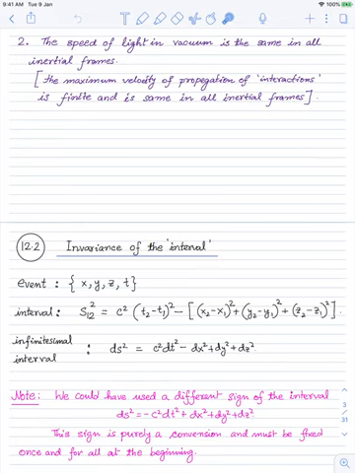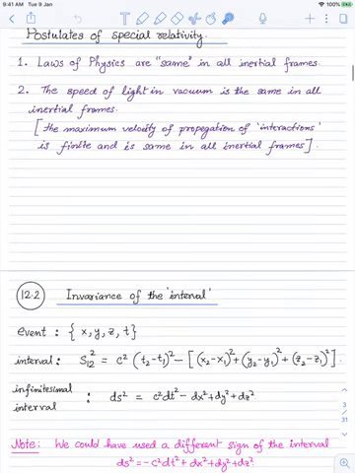And I'm going to prove that with this postulate of relativity, coupled with a few more assumptions about space-time, this interval must be invariant under Lorentz boosts as well as rotations, under boost transformations as well as rotations.